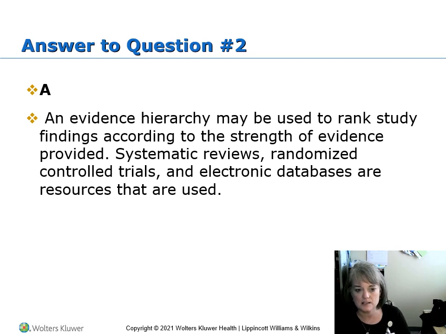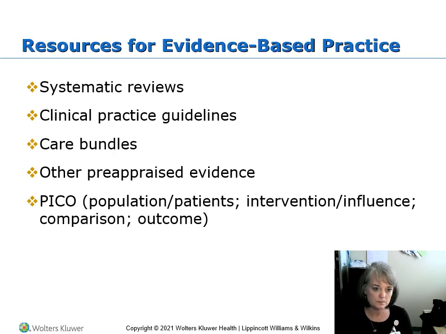And then electronic databases are used for accessing research. So resources for evidence-based practice are those systematic reviews that we talked about, clinical practice guidelines, and you will see those a lot of times, especially when you get into practice, and when you look in your textbooks, they'll often be a summary of the evidence that have created clinical practice guidelines based on what's the best evidence out there.